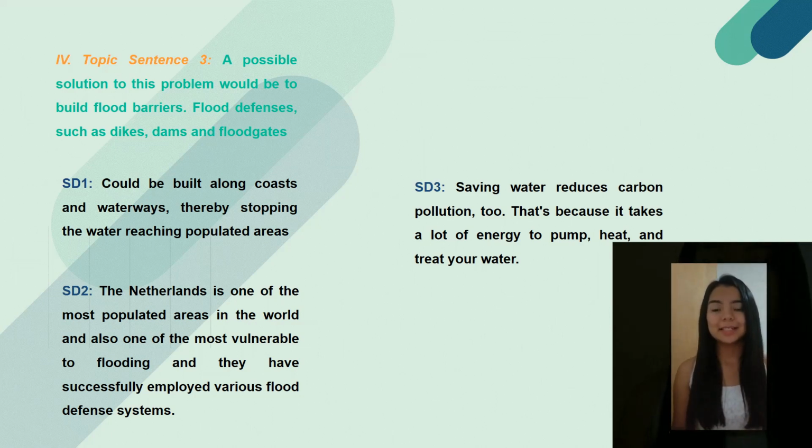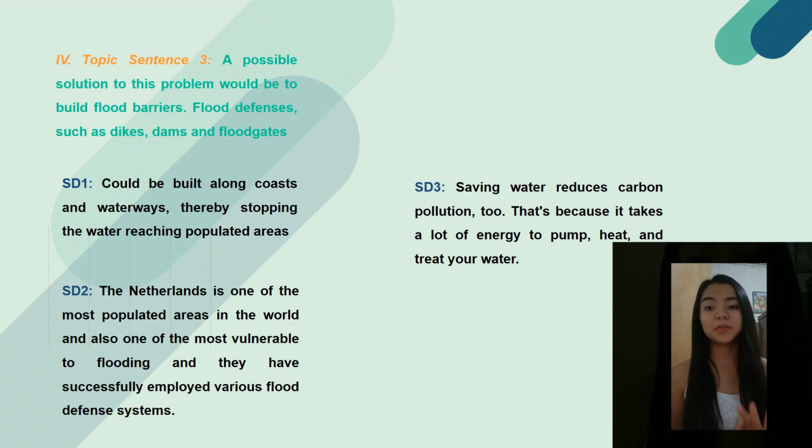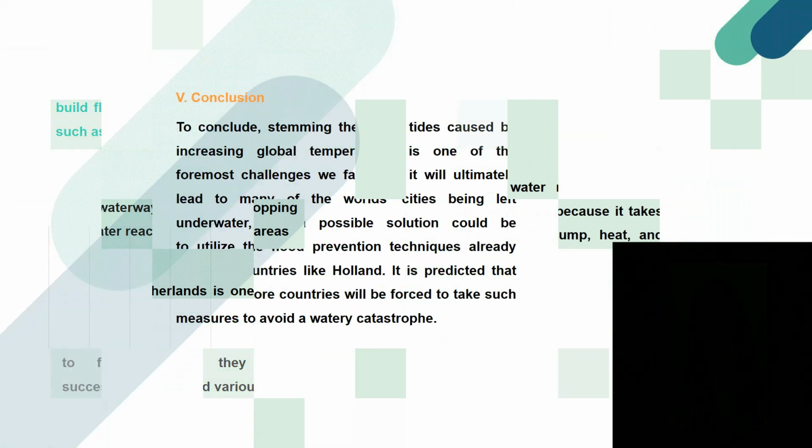The Netherlands is one of the most populated areas in the world and also one of the most vulnerable to flooding, and they have successfully employed various flood defense systems. Possible solutions. Number 3. Saving water reduces carbon pollution too. That's because it takes a lot of energy to pump, heat, and treat your water.